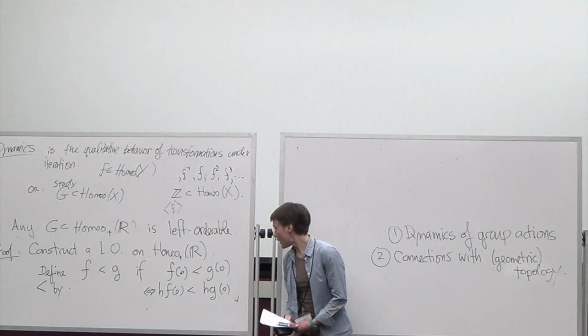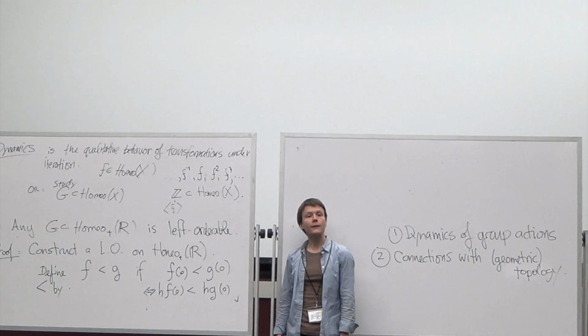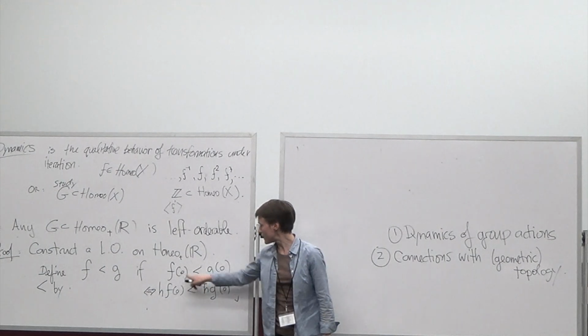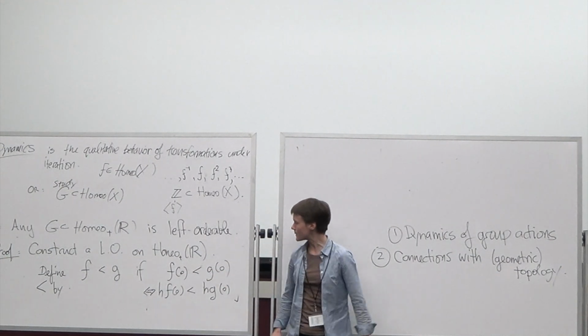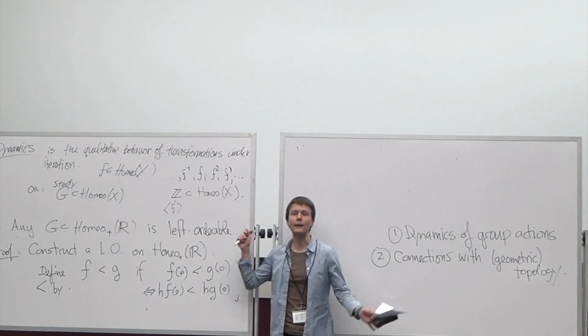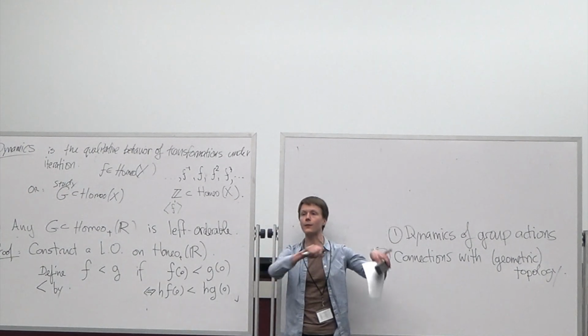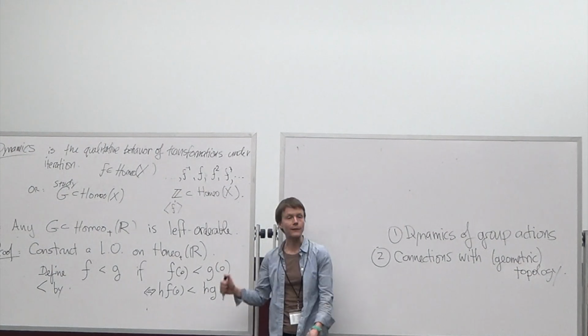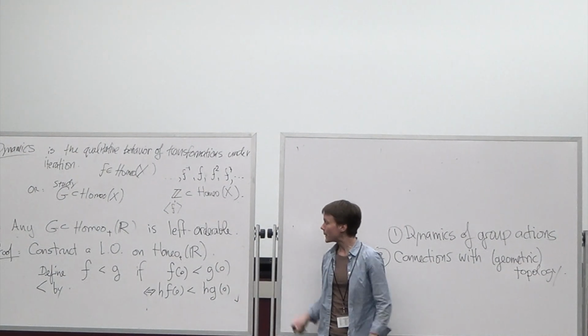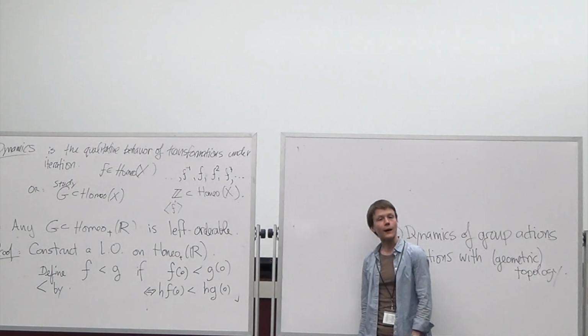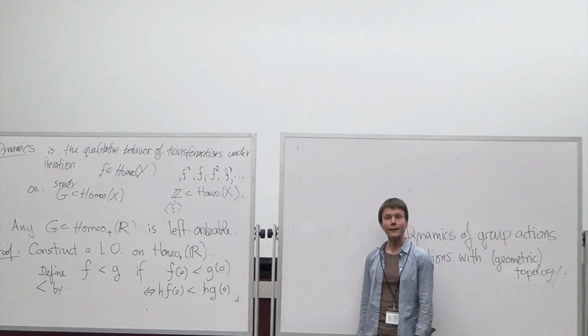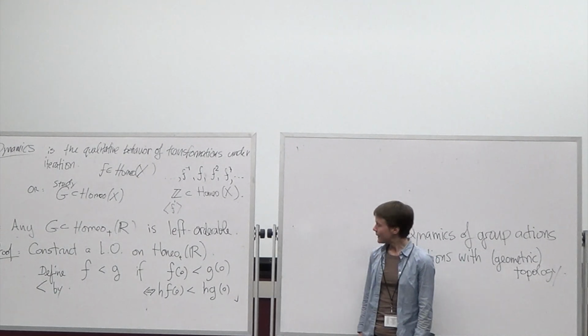Maybe I should check at a different point, right? If these say it sends 0 to the same place, then maybe I should check what they do to 1. Maybe they both fix 0, but they disagree on where they send 1, and then I could compare and I'd know what to do. But if they agree at 2 points, then I'm still stuck, so I should maybe check the third point, and I could do that.